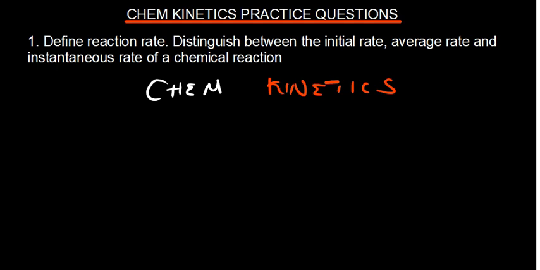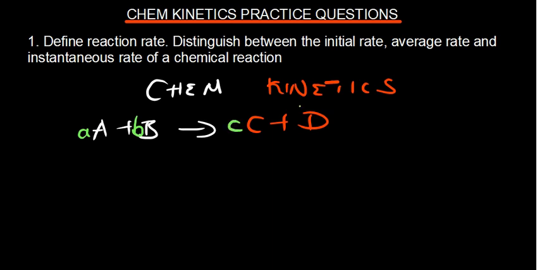So if you've been given reactants A plus B in a chemical reaction, giving us C plus D, and of course, in a case where we have stoichiometric coefficients, you need to understand that the rate of a chemical reaction can either be given in terms of the reactants or the products. In terms of the reactants, we put a negative, then we say the change in concentration.